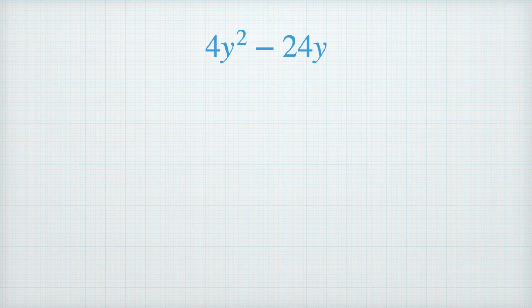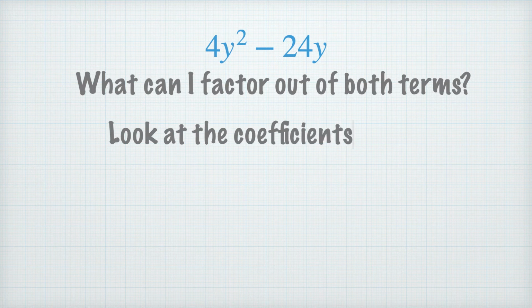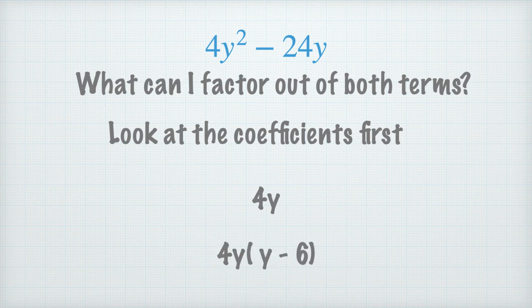What's the greatest thing that I can factor out of both terms? In this case, it's 4y. So 4y squared divided by 4y is y, and 24y divided by 4y is 6. So I have 4y times the quantity of y minus 6.